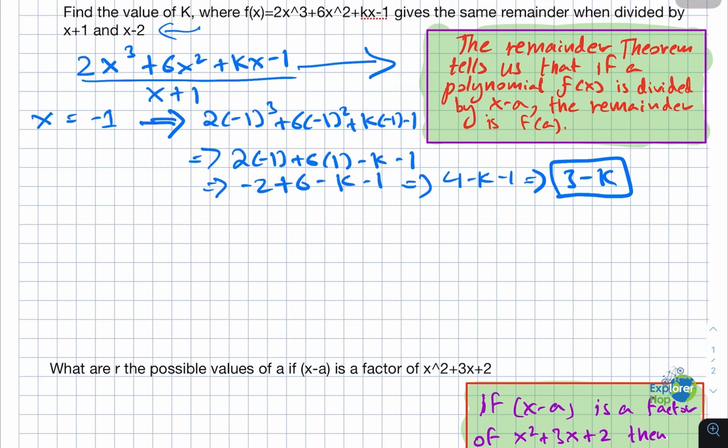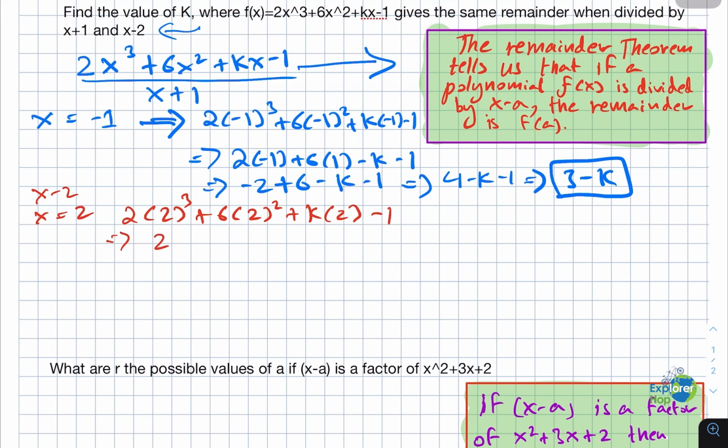So we'll do the same thing. We have x minus 2, therefore x equals 2. We can plug that into our equation: 2 times 2 cubed plus 6 times 2 squared plus k times 2 minus 1.